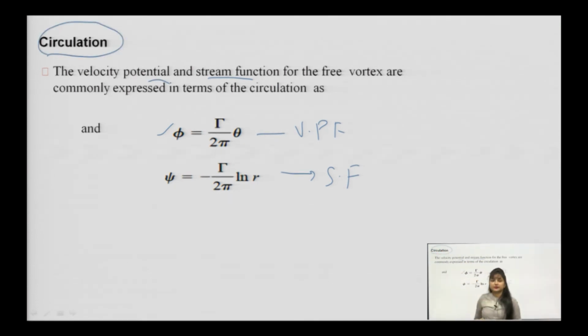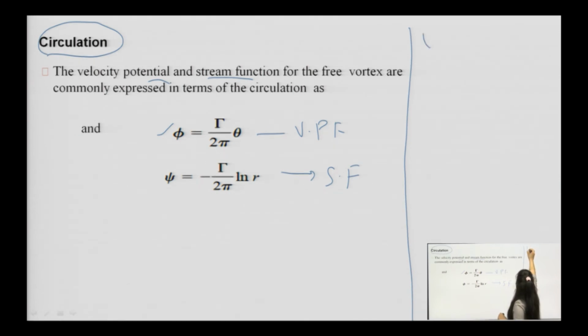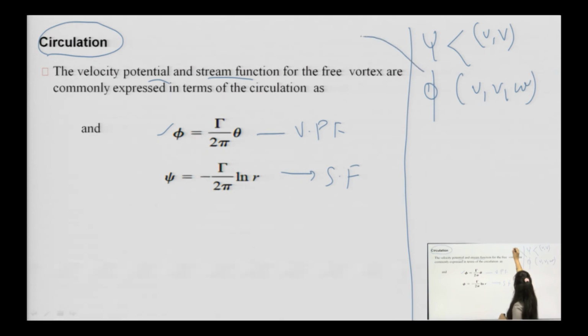So, in today's lecture, what we have covered is that there is the existence of a constant variable psi, which replaces u and v. Then comes phi, which can replace u, v and w, and they both should satisfy the Laplace equation.